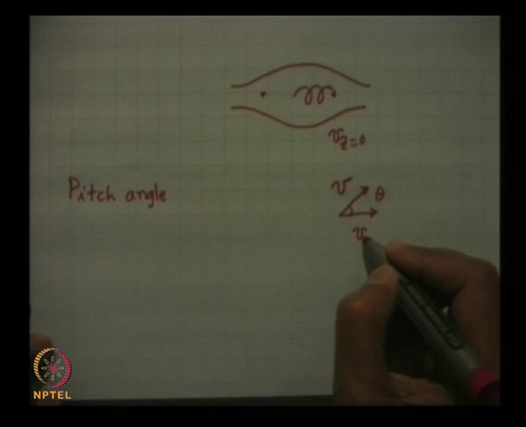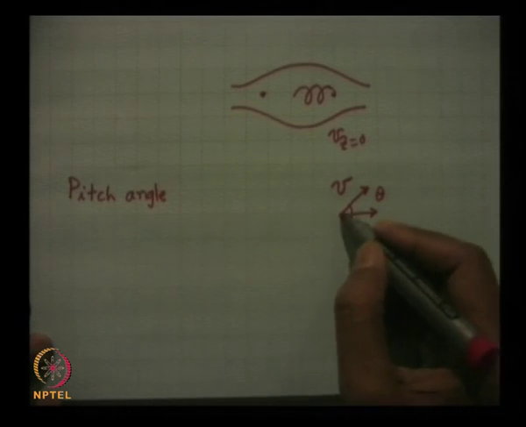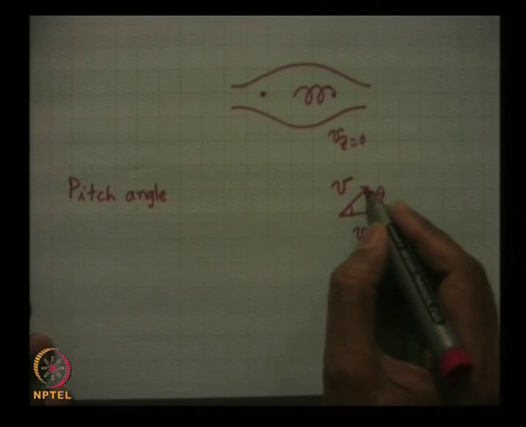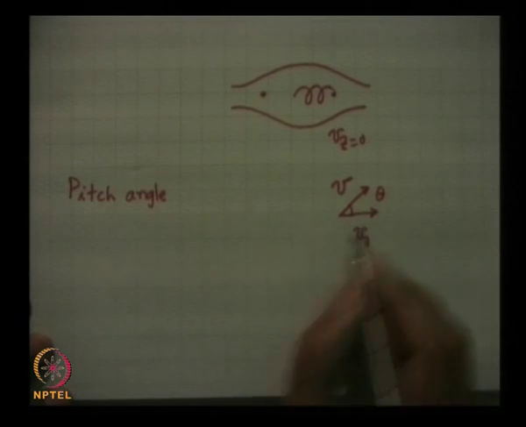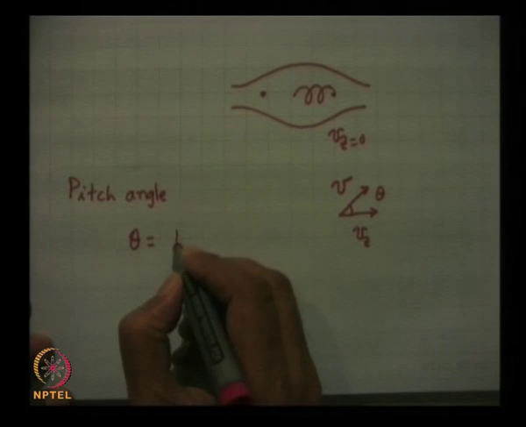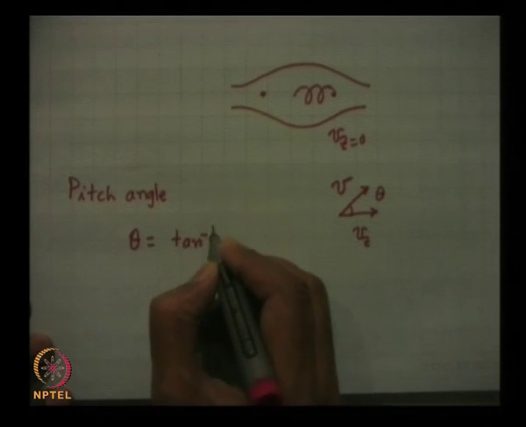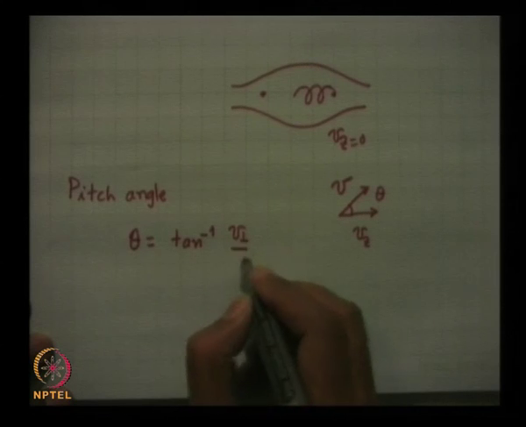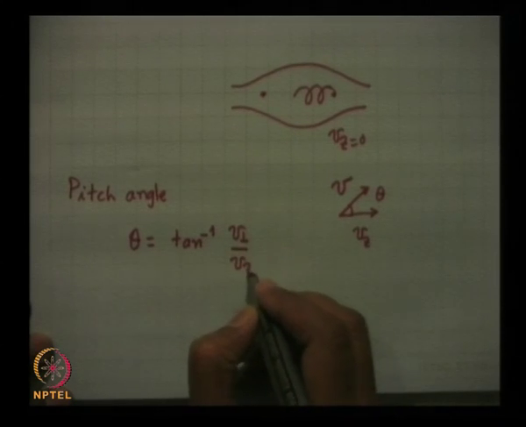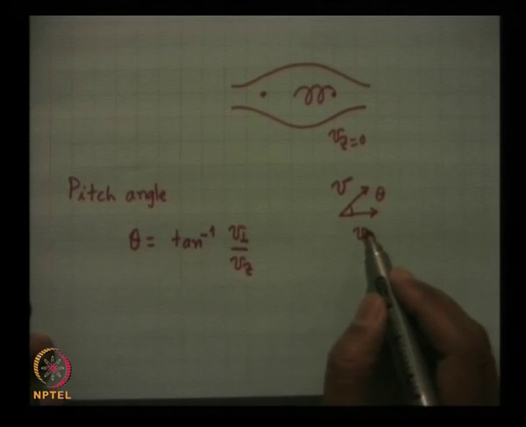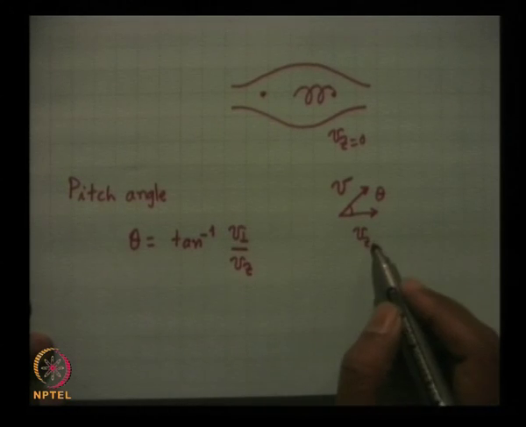Then this is the z component of velocity, and there will be a transverse component of velocity. So, v perp upon vz is tan theta, or theta, the pitch angle, is tan inverse of v perp upon vz.